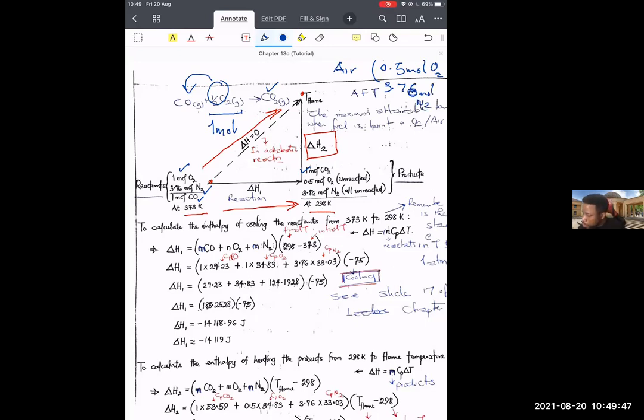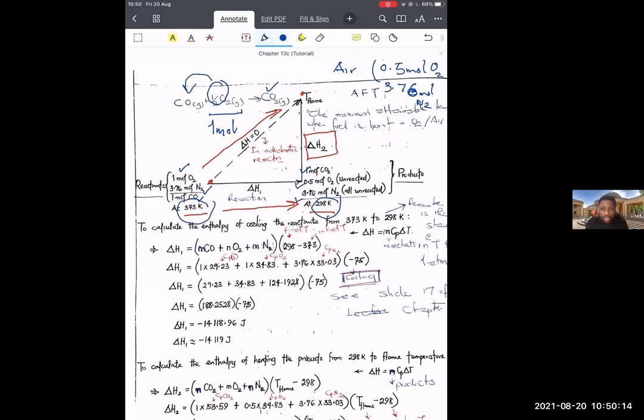So that is why we've got that and this. Is everybody still with me? So we have the reaction taking place. Remember, standard heat of reaction occurs at what temperature? 298. But we've said our combustion is occurring at what temperature? 373 Kelvin.